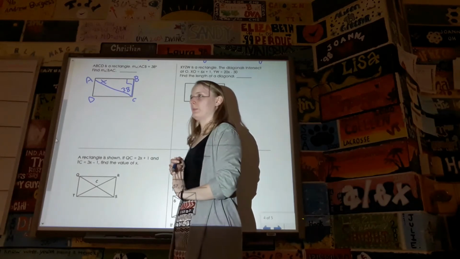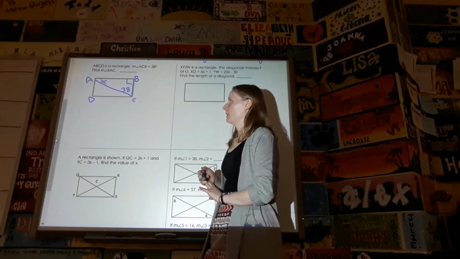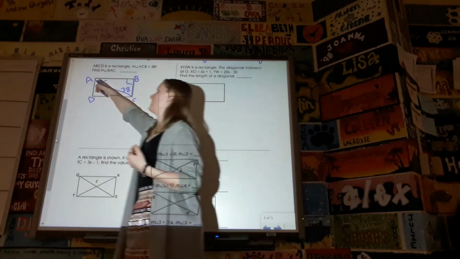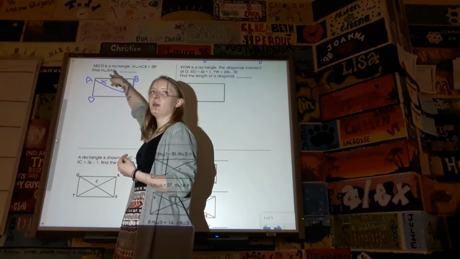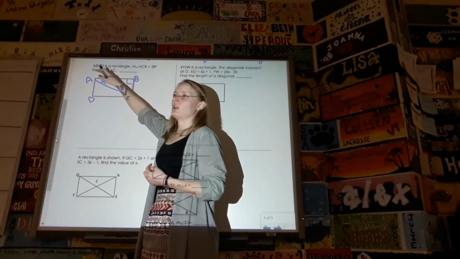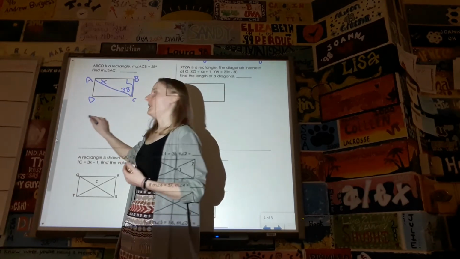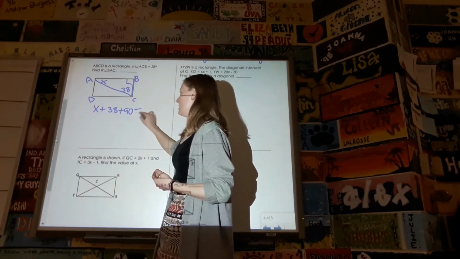Oh, so it all equals 180. So the triangle? Does anybody remember what it's called? Triangle sum theorem. Because if you draw a diagonal, it splits the rectangle into two triangles. These three angles should add to 180. So x plus 38 plus 90 equals 180.